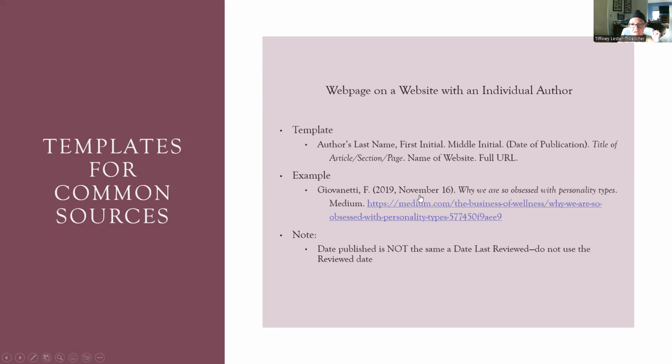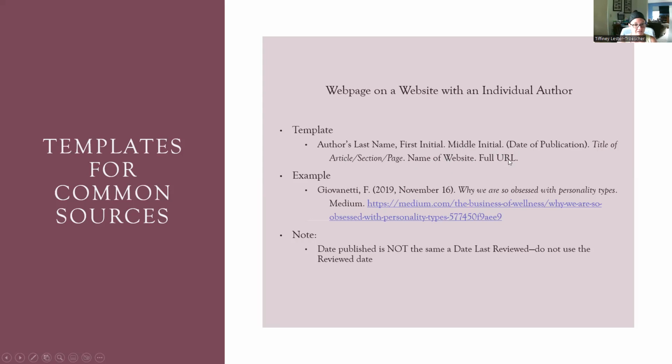Okay. So if you have a web page on a website that just has an individual author, you are going to format this so similar. Author's last name, comma, first initial period, middle initial period, date of publication in parentheses, period, the title of the article or section or page in italics, then the name of the website in regular font, and then the full URL.